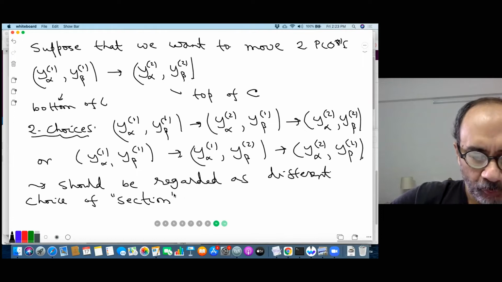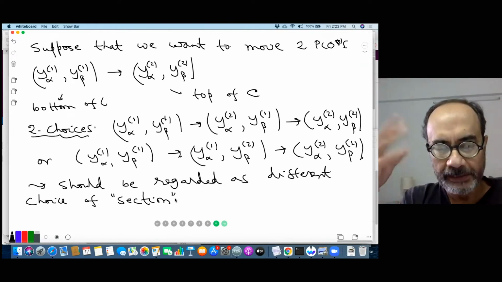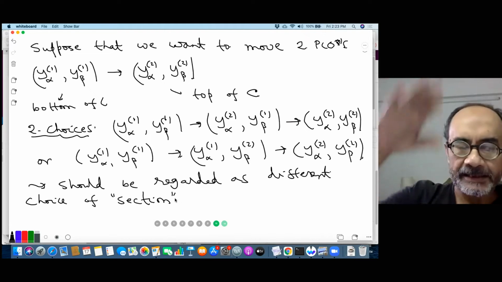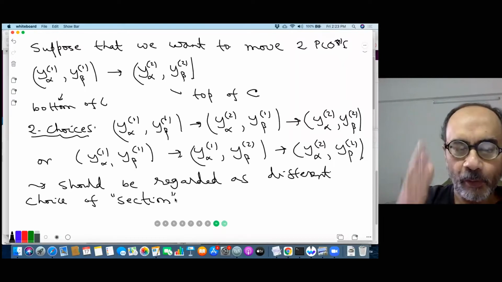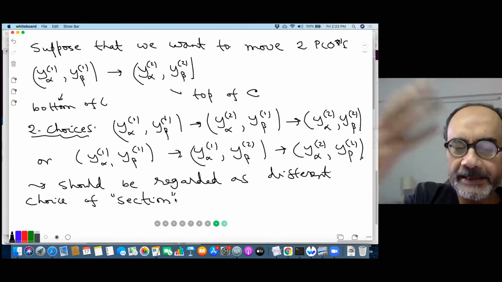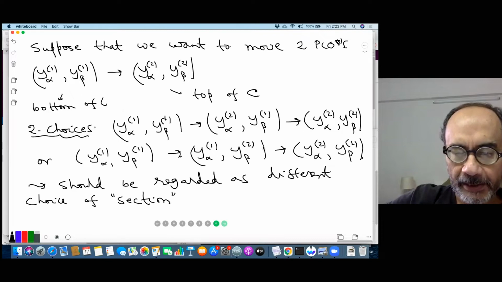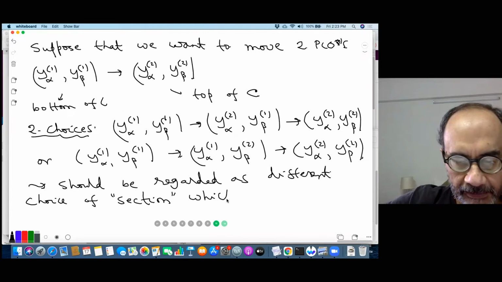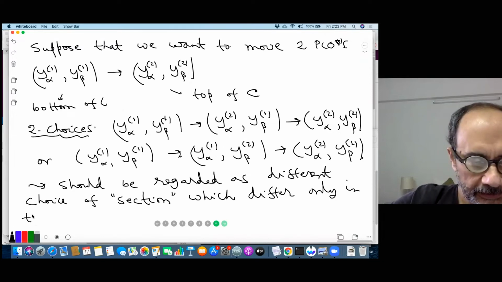Now, section I should put in quotes, because normally when you have sections you don't have vertical segments like this. So this is a generalized section. It's some integration cycle in this PGMN, and the integration cycle has been chosen in such a way that while it does cross a spurious pole, we have a well-defined way of making sense of the integral. So moving this way or this way should be regarded as two different choices of section, which differ only in their vertical segments.